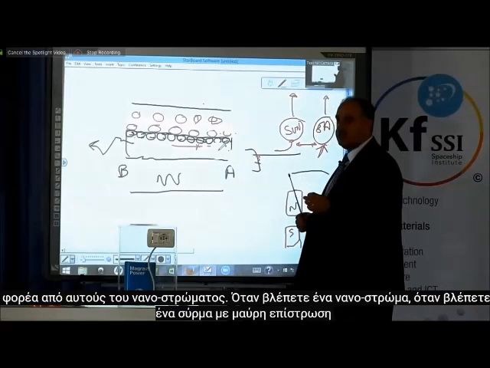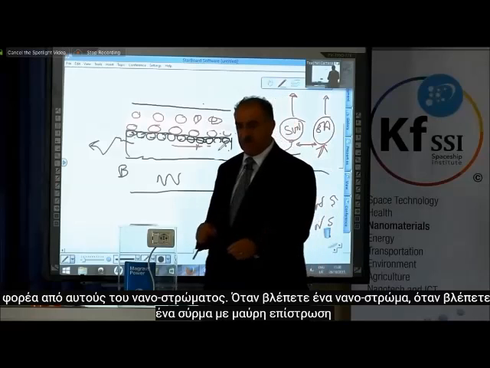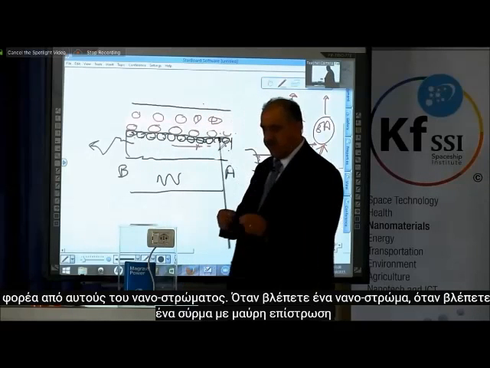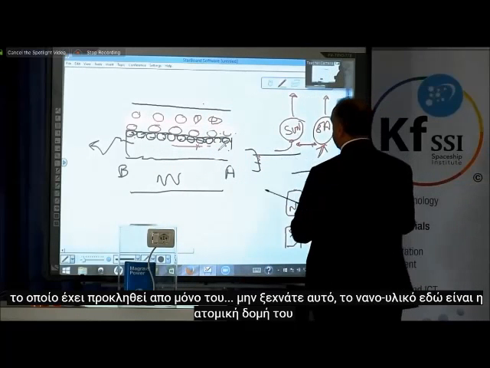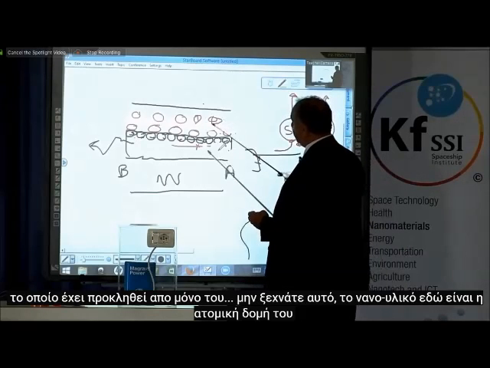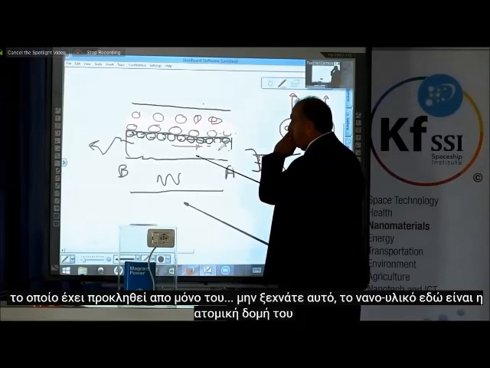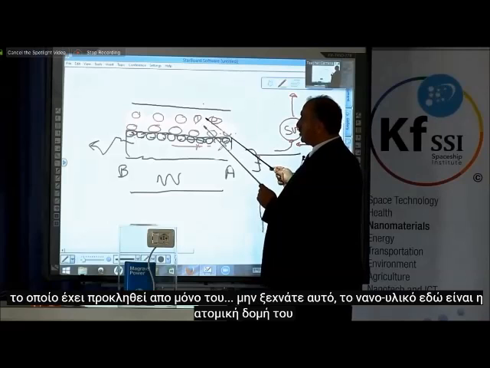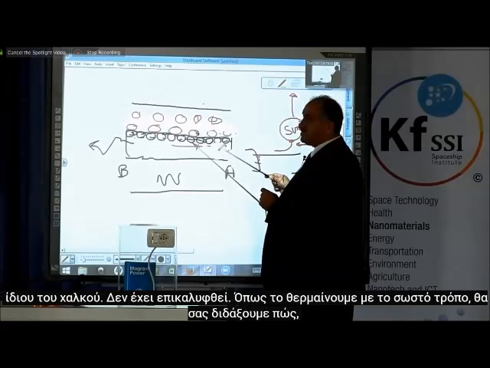When you see a nano layer, when you see a black coated wire, which is of its own, don't forget this nanomaterial here is the atomic structure of the copper itself. It hasn't been coated.